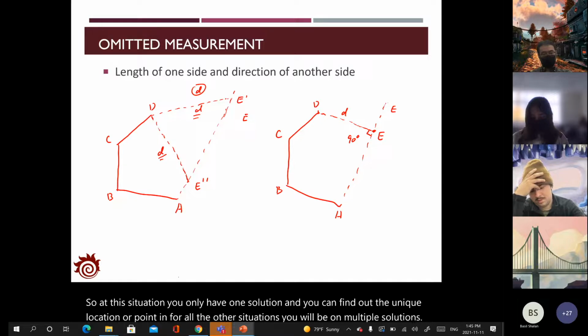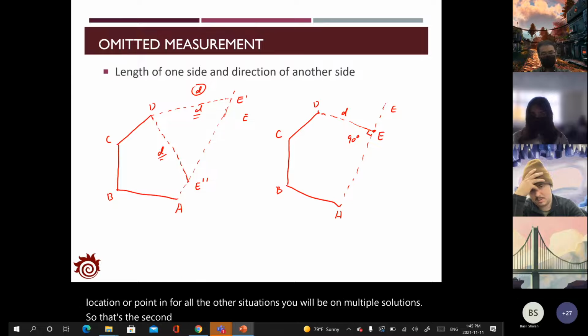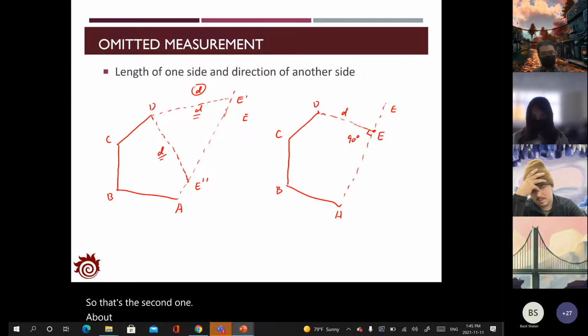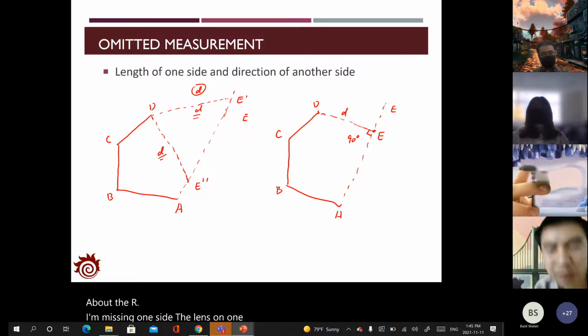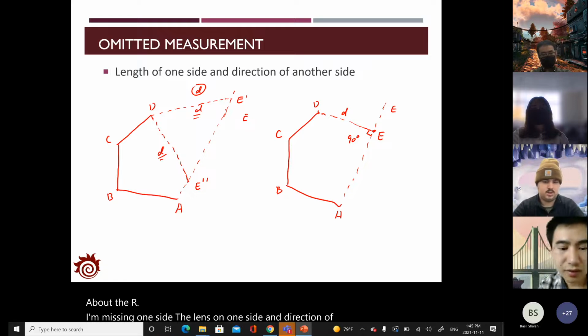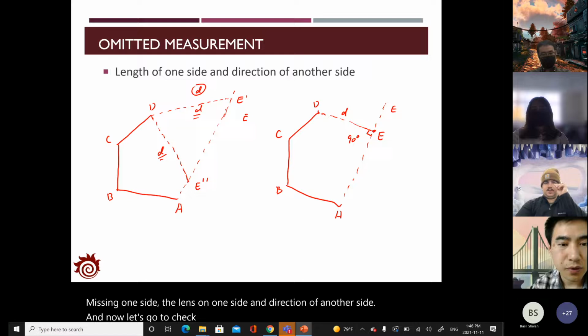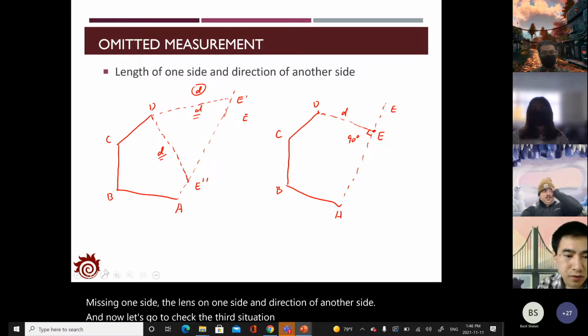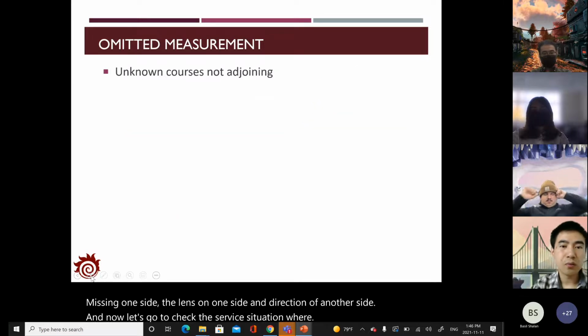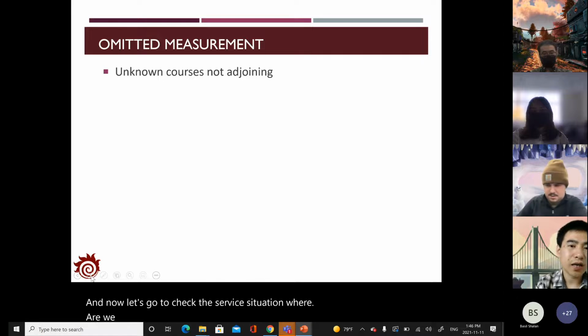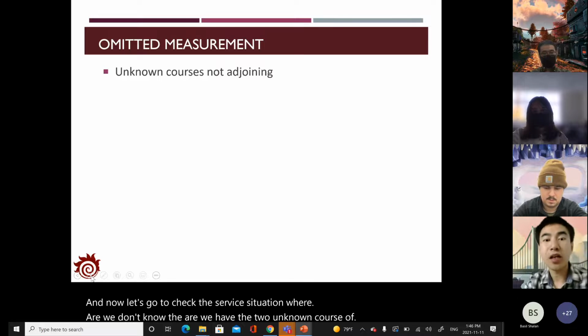So that's the second one, about missing the length of one side and the direction of another side. And now let's check the third situation, where we have two unknown chords which are not adjacent.